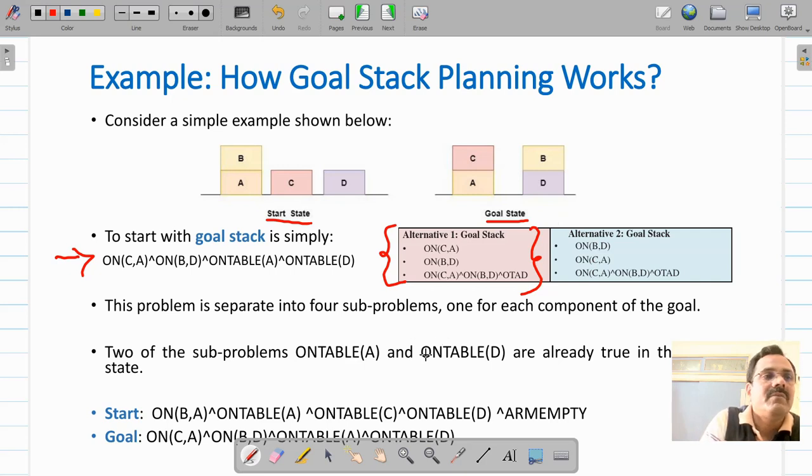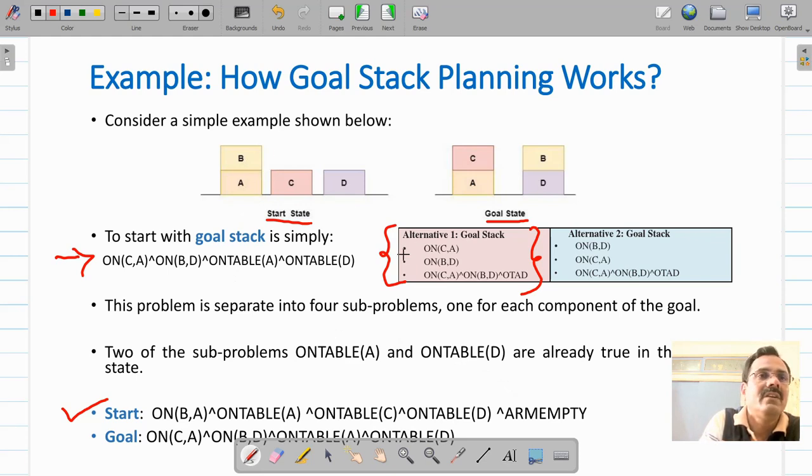So right now, this is your starting state. Look at this, block B is on block A. A, C and D they are on table. So on table A C D. And initially the robot arm will be empty.